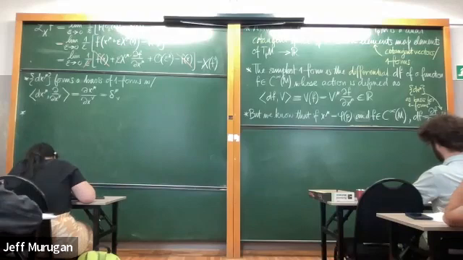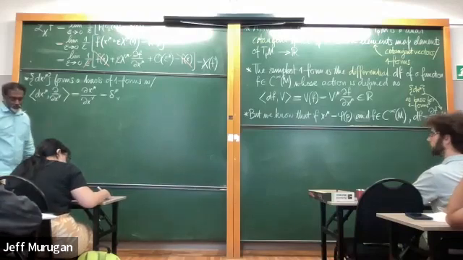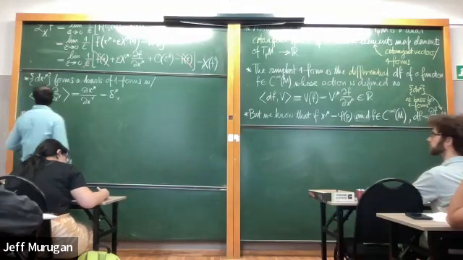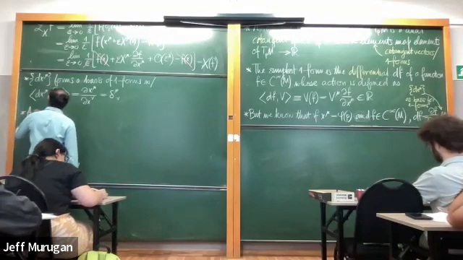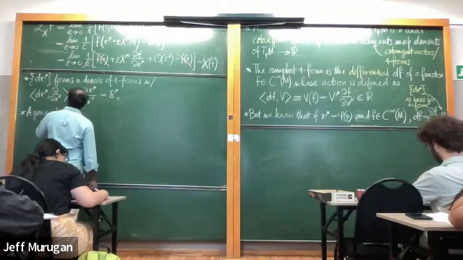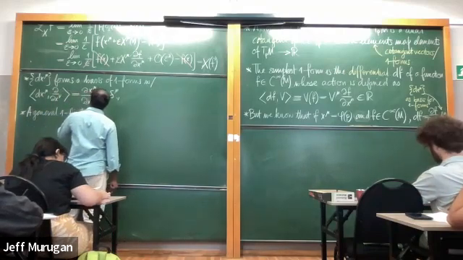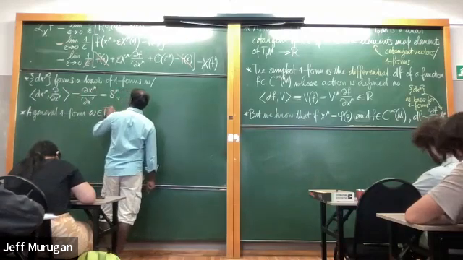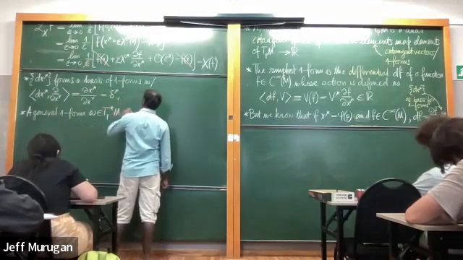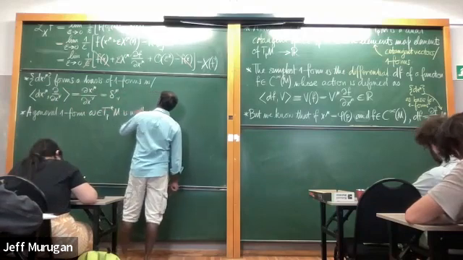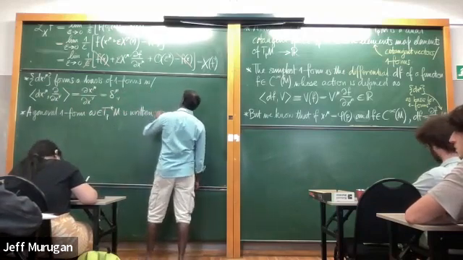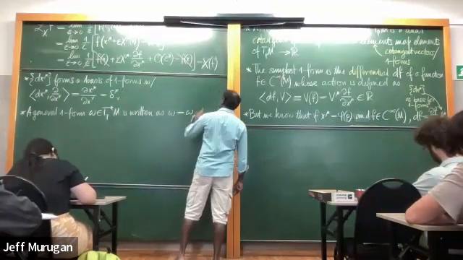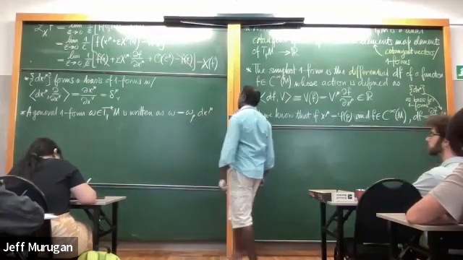Any general one form on TP star of M can be expressed in these spaces as omega mu dx mu.